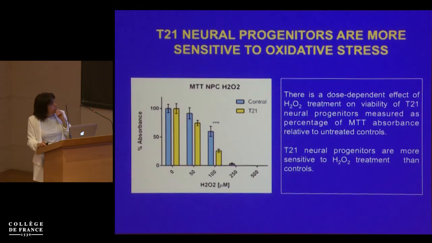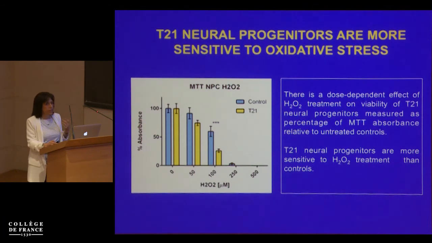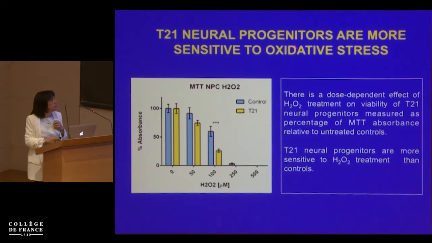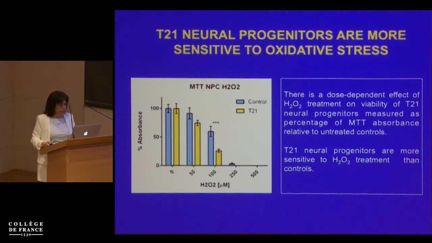Furthermore, she assessed whether these cells, as had been suggested in patients, are more sensitive to damage, and whether oxidative stress might also be a component of the disease. And what she found is that if you treat these cells, in a normal 2D system, with H2O2, you have, again, more sensitivity of the trisomic cells compared to the normal cells.